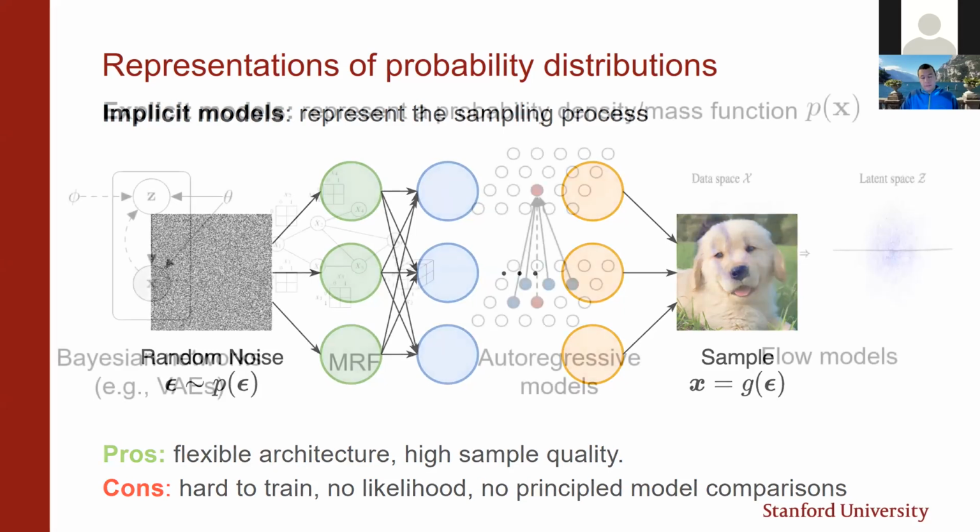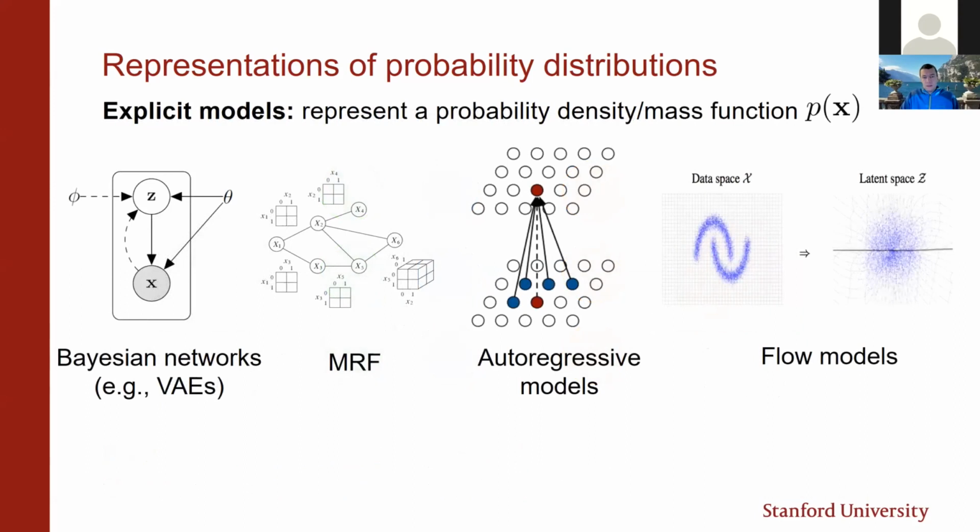The alternative is the more classic explicit models, where you model directly the probability density or the probability mass function p(x). You build a model for that function that takes an input and tells you how likely that input is under the model. A probability density function or probability mass function is a complicated object over high dimensional spaces.